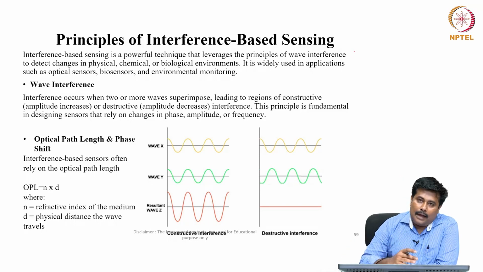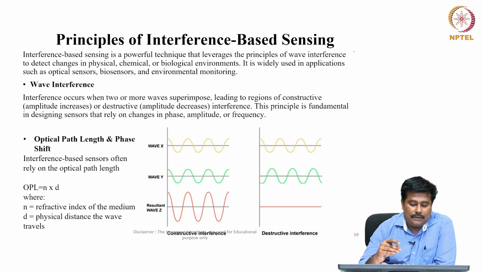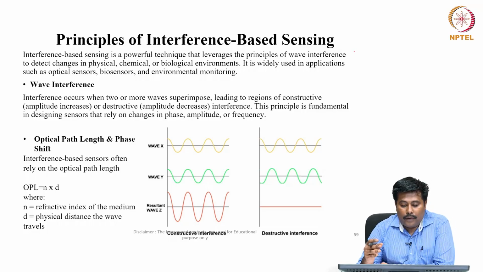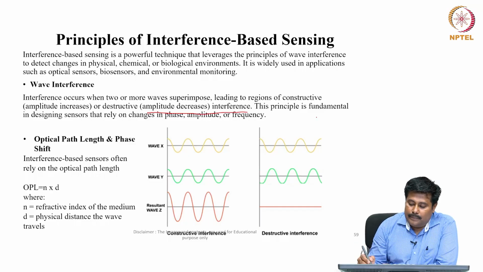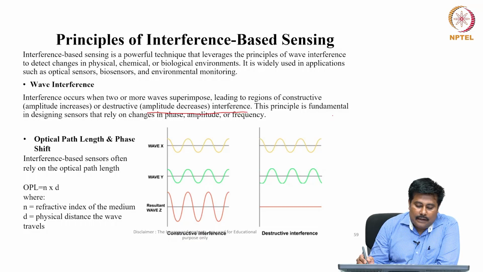One of the key aspects of wave interference is that interference occurs when two or more waves superimpose, leading to regions of constructive interference, which is an amplitude increase, or destructive interference, which is an amplitude decrease. This principle is fundamental in designing sensors that rely on changes in phase, amplitude or frequency.